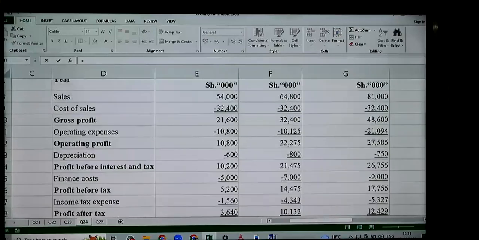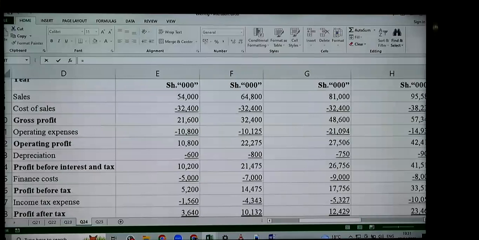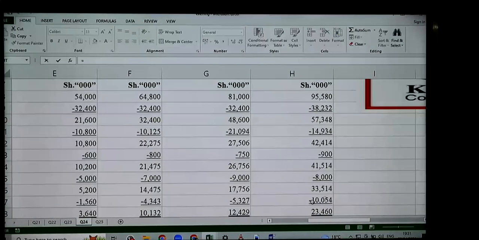So here are the finance costs. You can see they reduced to 8,000, isn't it? So I'll take this one, divide by the previous -1, isn't it? Control enter, control backspace to jump to the active cell.